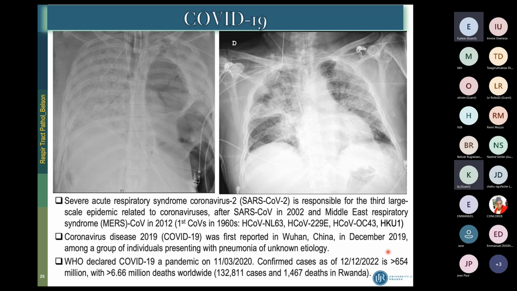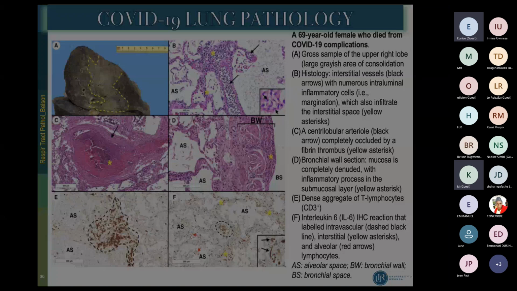So this is in the summary. So we explained how it came, how it enters the body and what it does to cause damage, and the findings either at morphological level or at the X-ray. So I think this is what I can say on this disease.